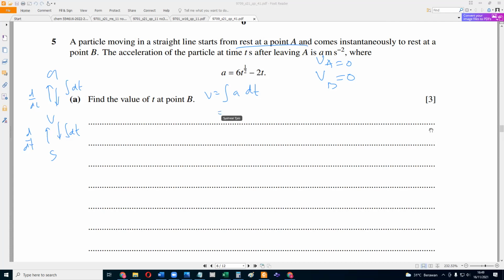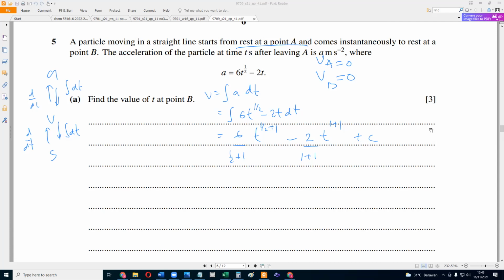That's going to be the integration of 6t to the power half minus 2t dt. It's going to be 6 over half plus 1, t to the power of half plus 1, minus 2 over 1 plus 1, t to the power of 1 plus 1, plus a constant.